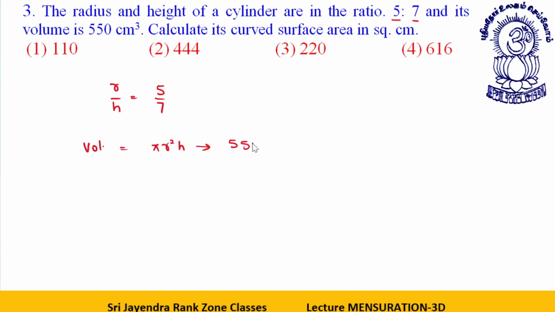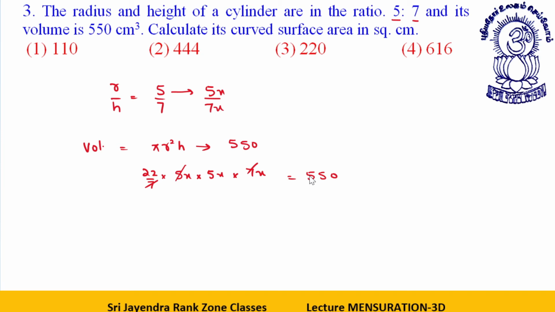Let it be 5x, let it be 7x. 22 by 7 into 5x into 5x into 7x, 7 and 7 cancel, is equal to 550. Fine. This 5 cancels with 550 to give you 110. This 22 cancels with 110 to give you a 5. 5 cancels with 5 to give you a 1.